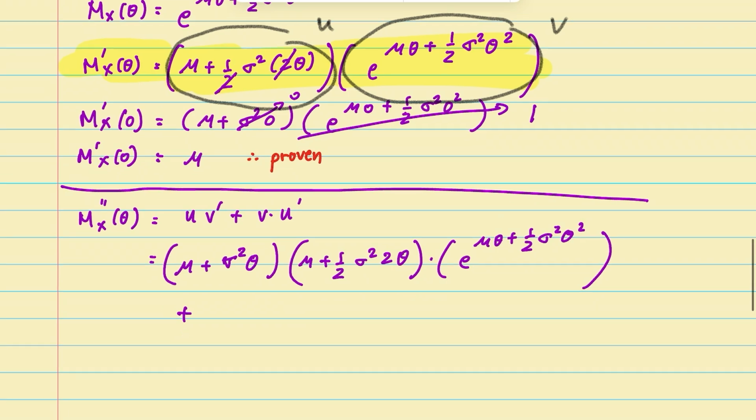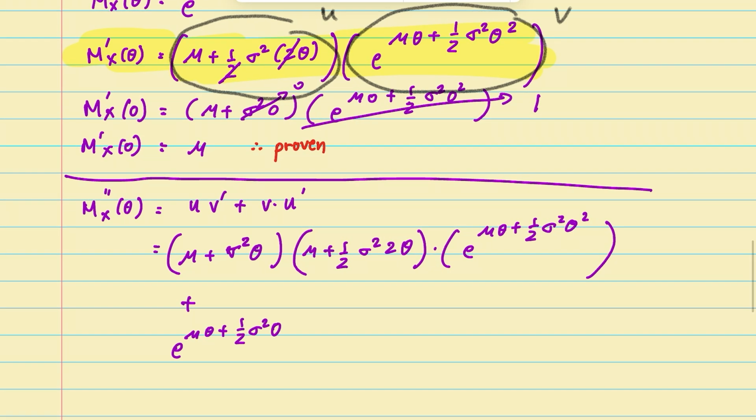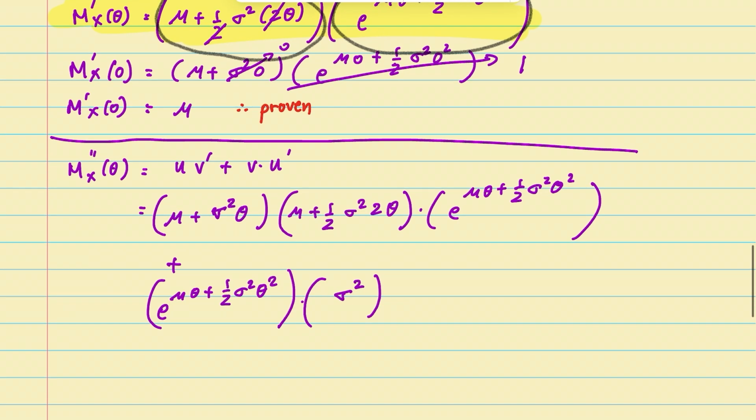Then plus v, which is e to the power of mu theta plus half sigma squared theta squared, times u'. u' means the first derivative of u, so now it is left with sigma squared only.